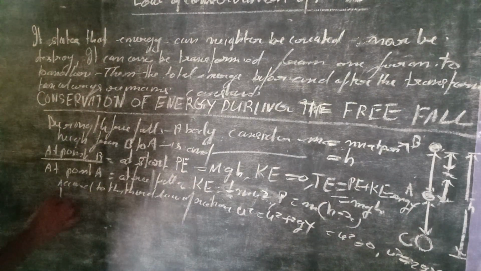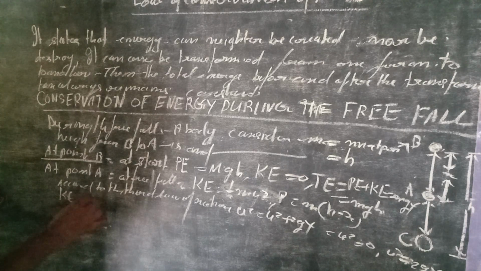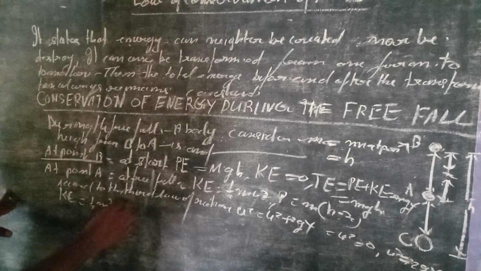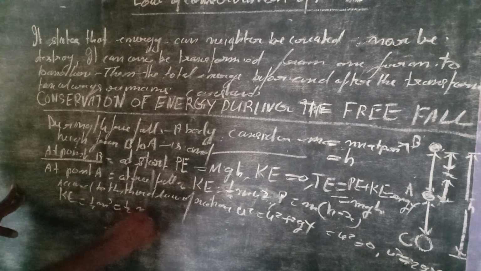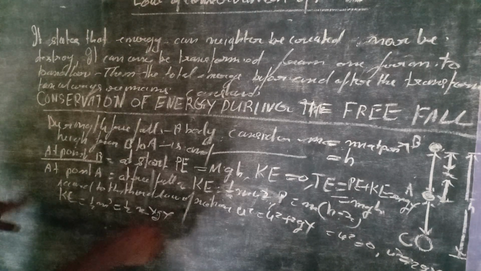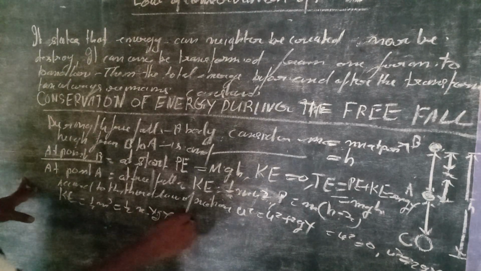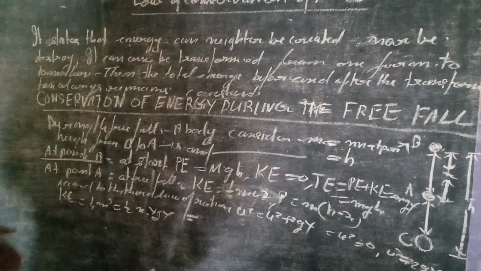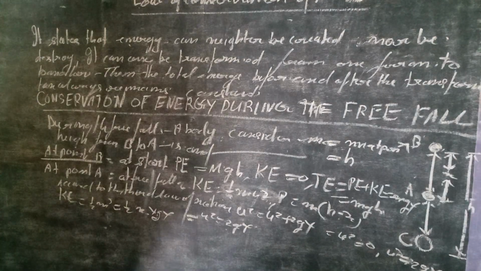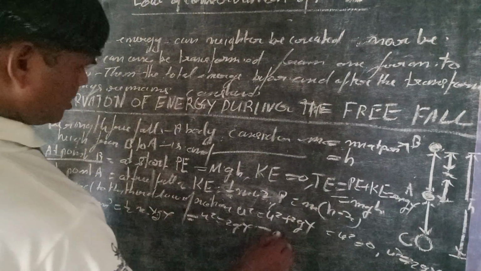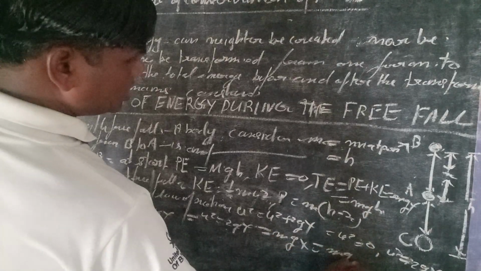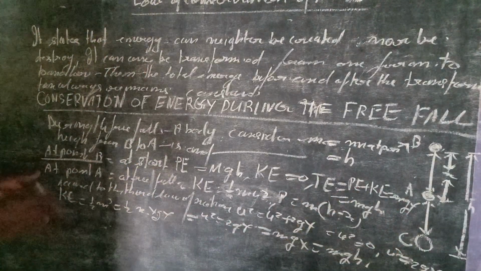So kinetic energy will always be half m v square, which is 1 by 2 m into 2gx, so we can write it as m into g into x.